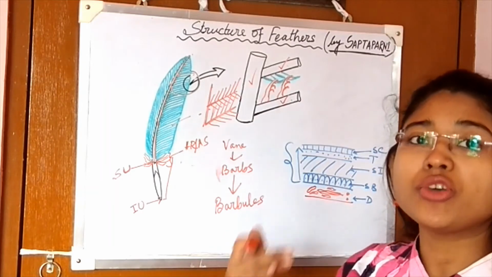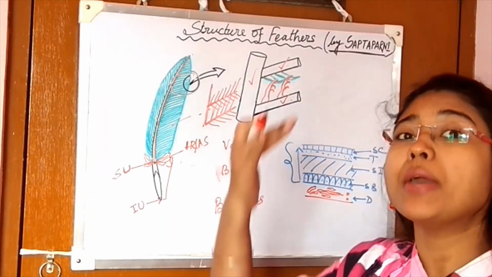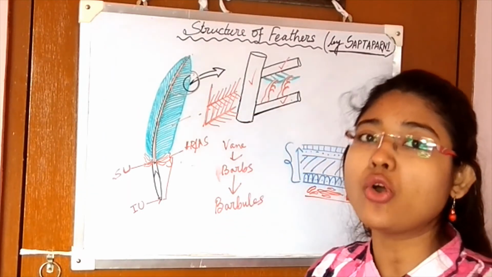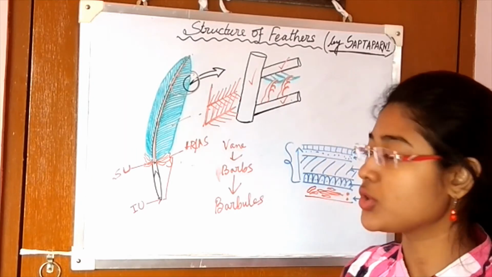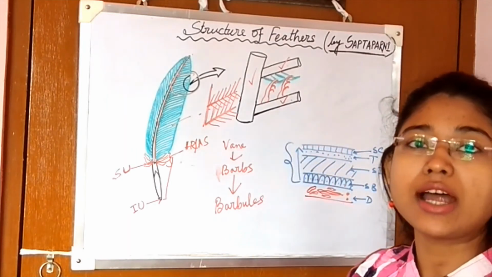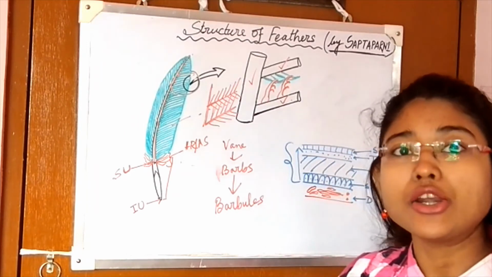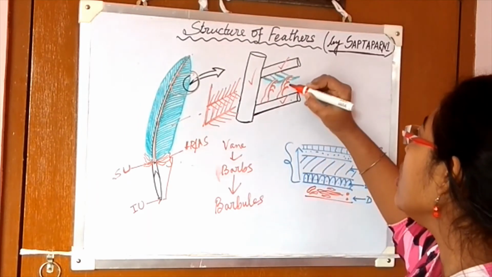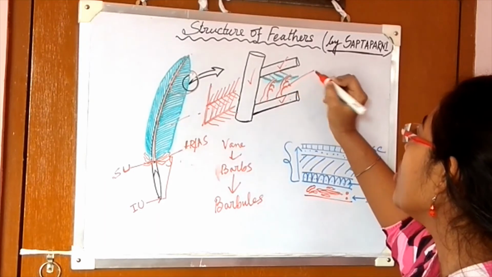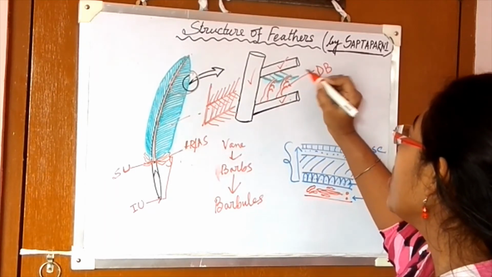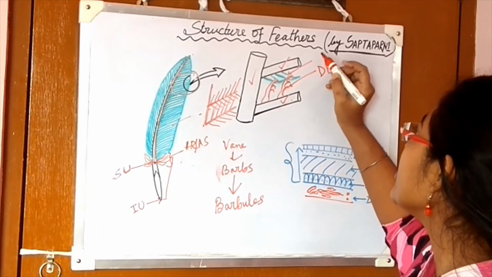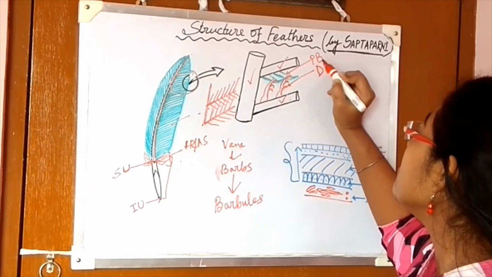All barbules which are directed towards the base of the feather are known as proximal barbules, whereas all barbules that are directed towards the tip of the feather are known as distal barbules. So these red barbules are the distal barbules, whereas these green barbules are proximal barbules.